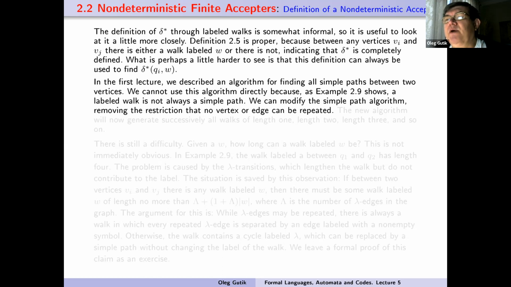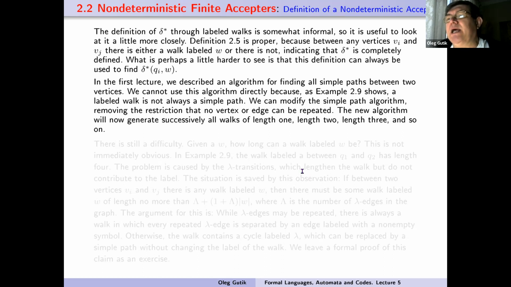We can modify the simple path algorithm, removing the restriction that no vertex or edge can be repeated. The new algorithm will now generate successively walks of length 1, length 2, length 3, and so on.